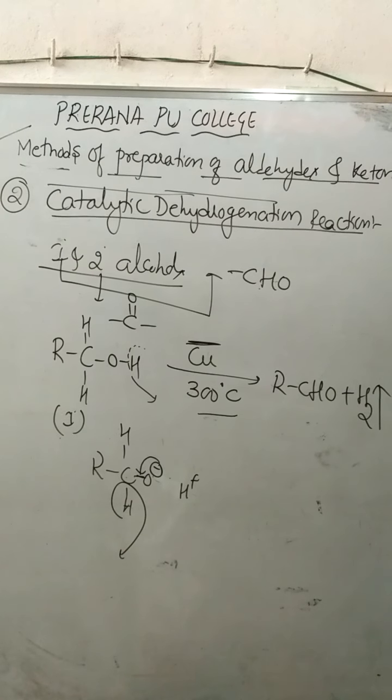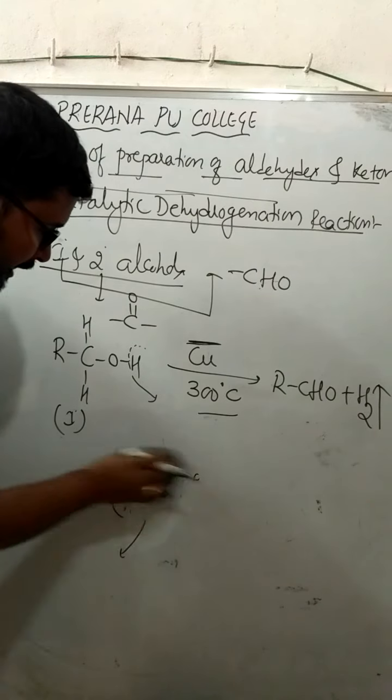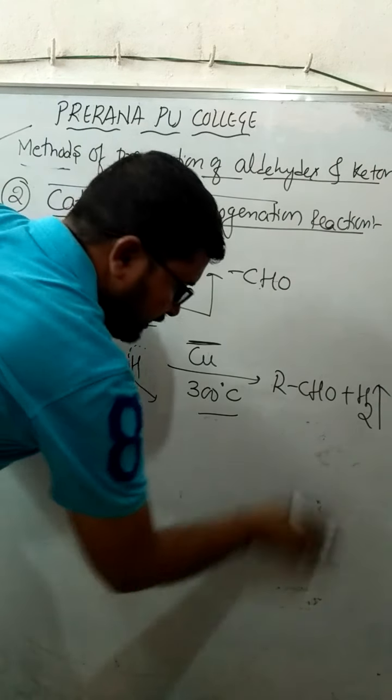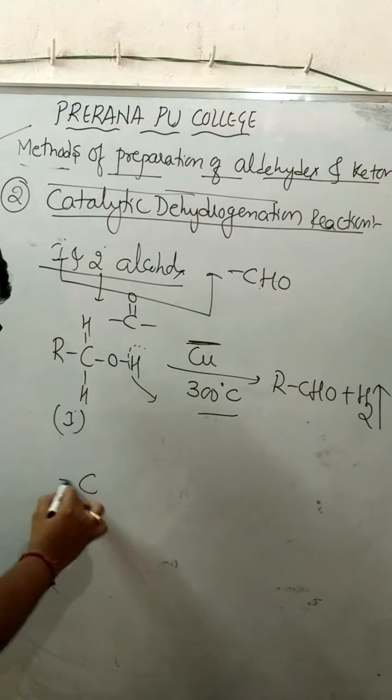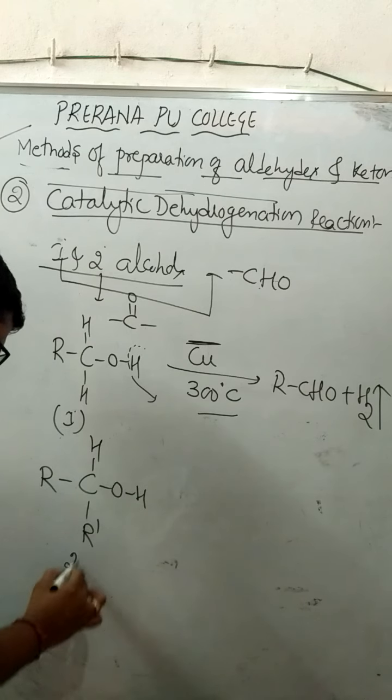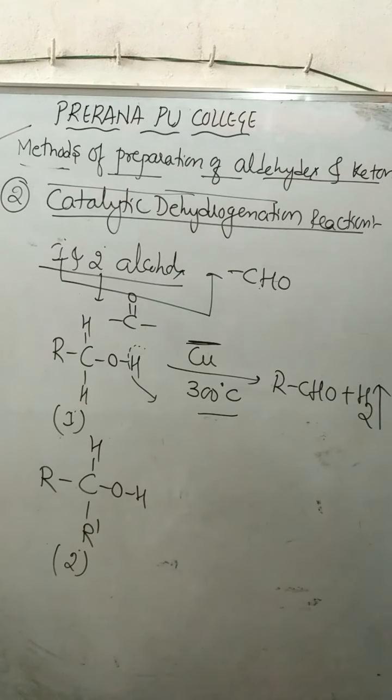Now, let us discuss the reaction of secondary alcohol, which yields ketone as the major product. Suppose I take a 2 degree alcohol or a secondary alcohol. So this is the secondary alcohol which is involved in a reaction.